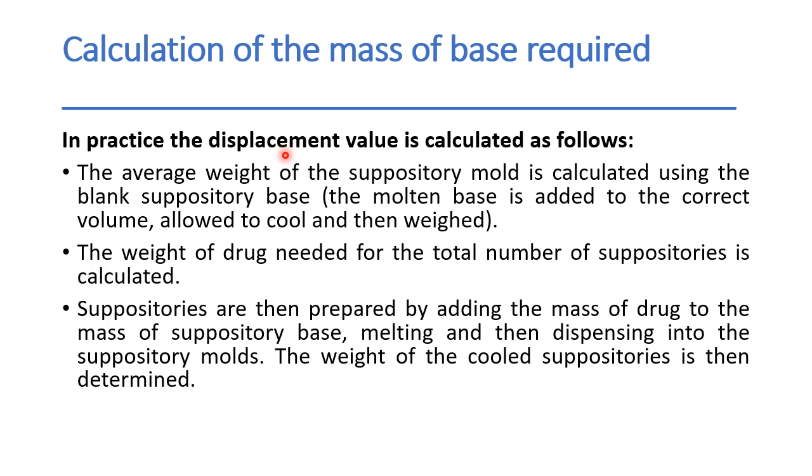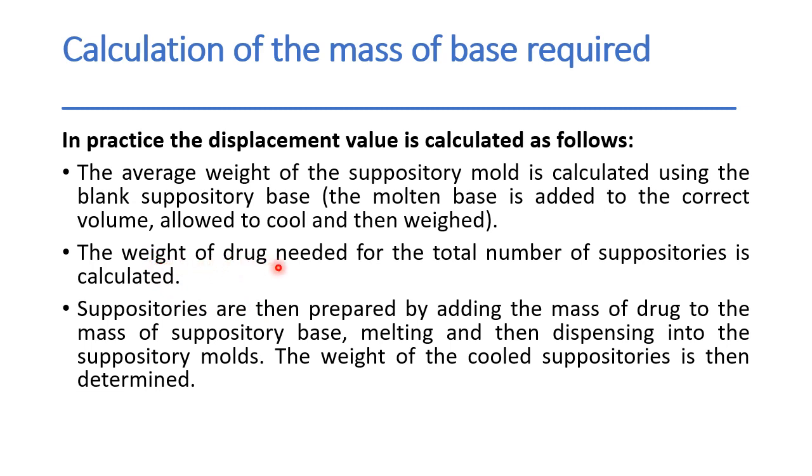Although the displacement value is provided by the Pharmaceutical Codex, in practice, this value can be calculated as follows. Number 1, the average weight of the suppository mold is calculated using a blank or plain suppository base, and this is done by adding the molten base to the correct mold volume, allowing it to cool, and then weighing them.